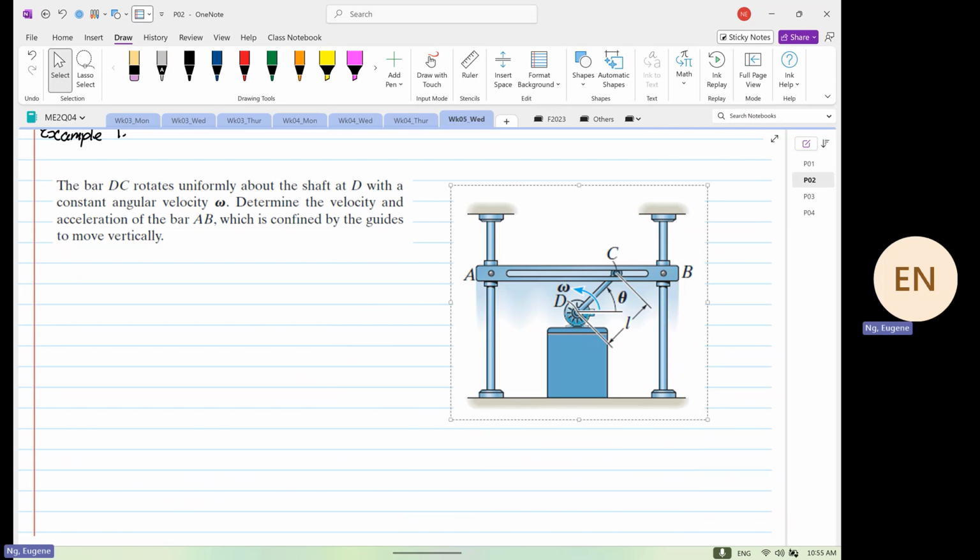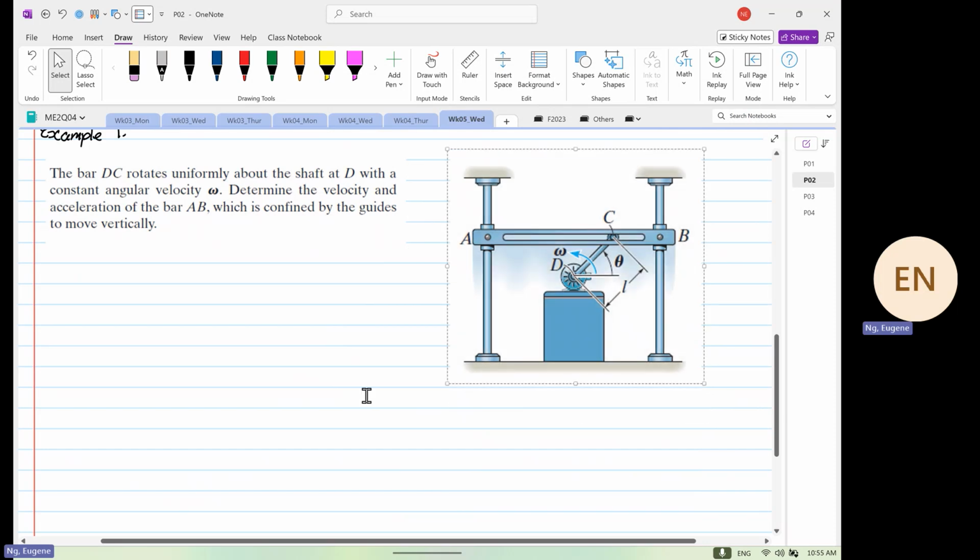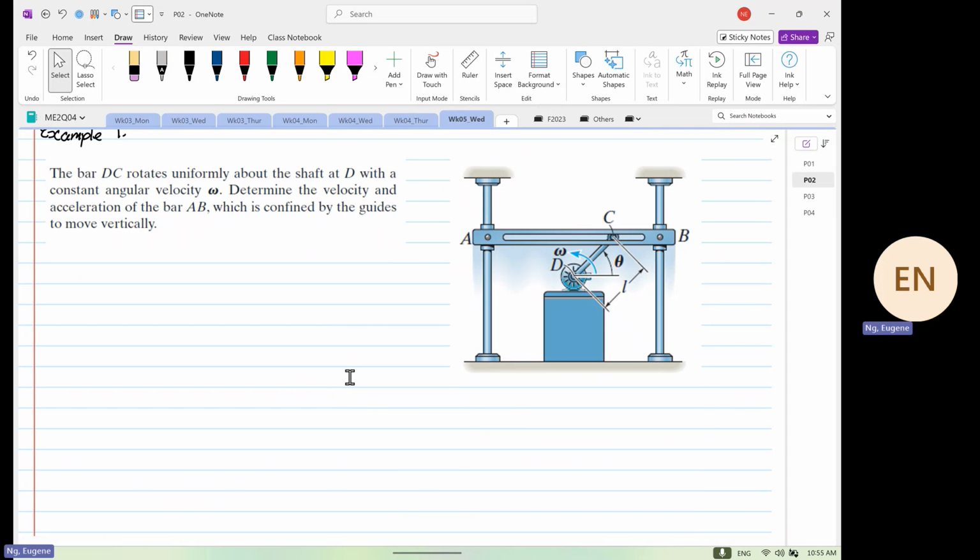Determine the velocity and acceleration of the bar AB which is confined by the guide to move vertically. The first time I look at a diagram like this, it can be kind of overwhelming.